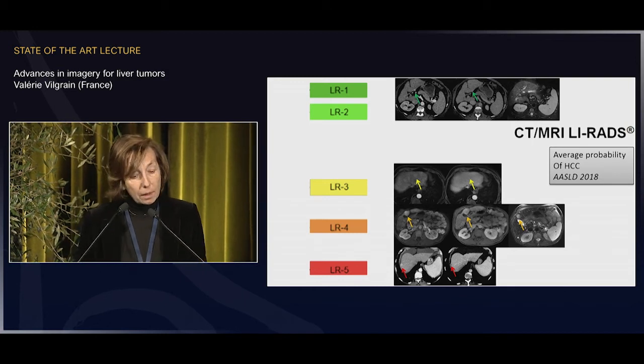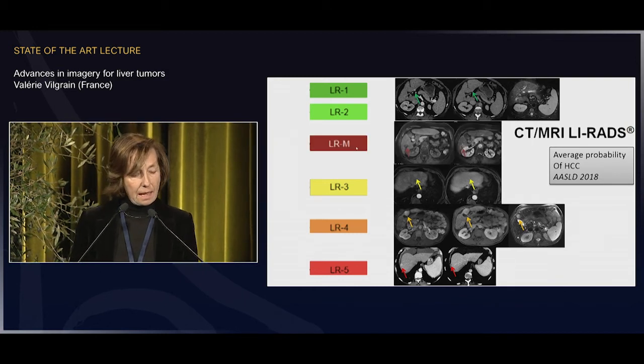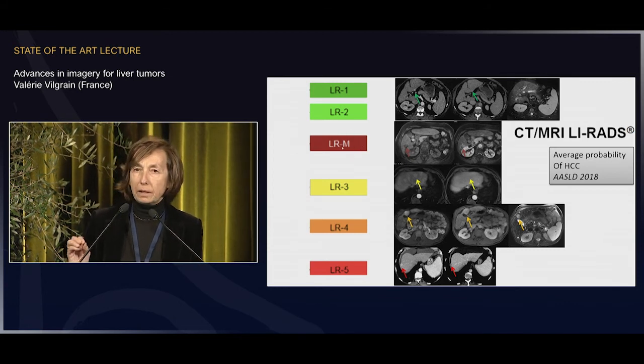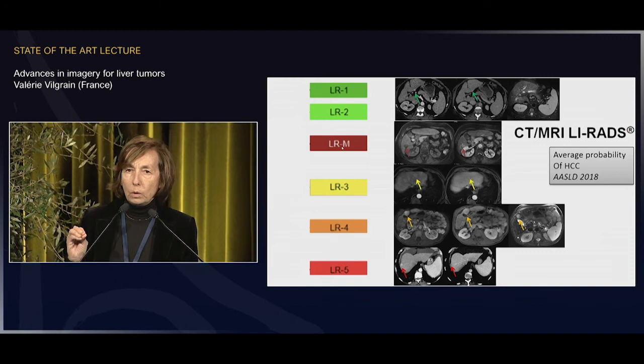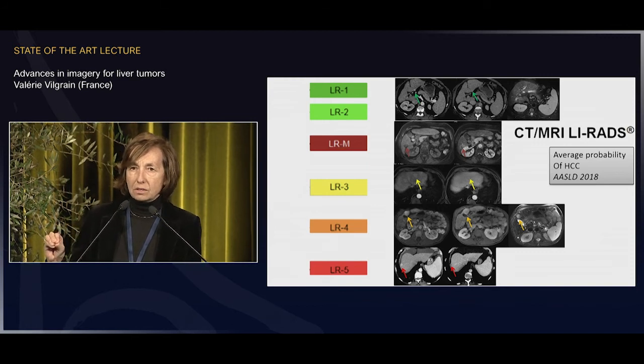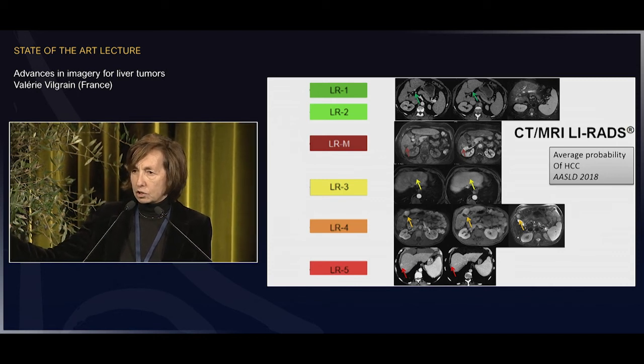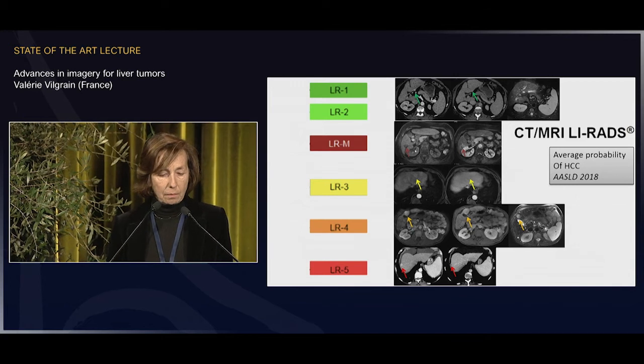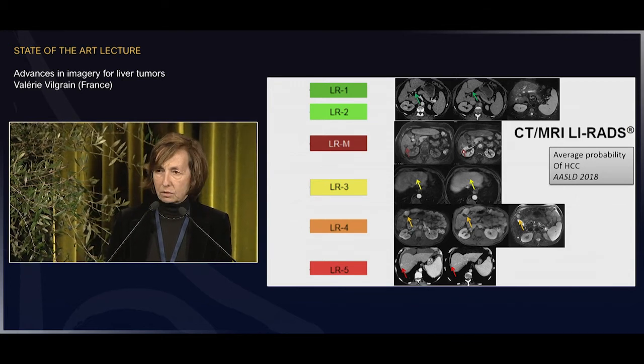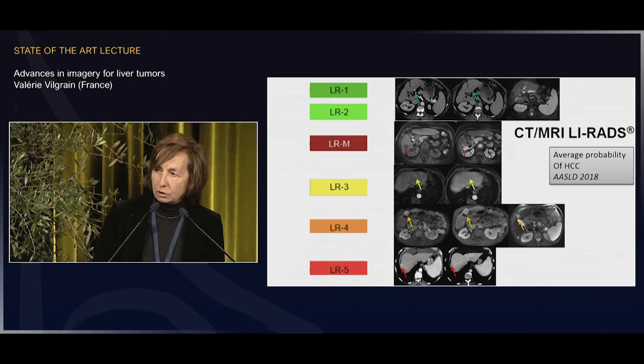Plus, LI-RADS M. M for malignant, suggesting that in patients with cirrhosis, we may see imaging findings that suggest malignancy that is not HCC, such as cholangiocarcinoma or liver metastases, by showing a target or targetoid appearance. And why is LI-RADS interesting?